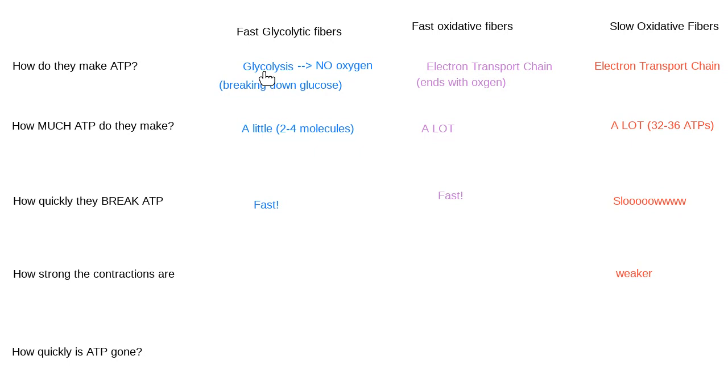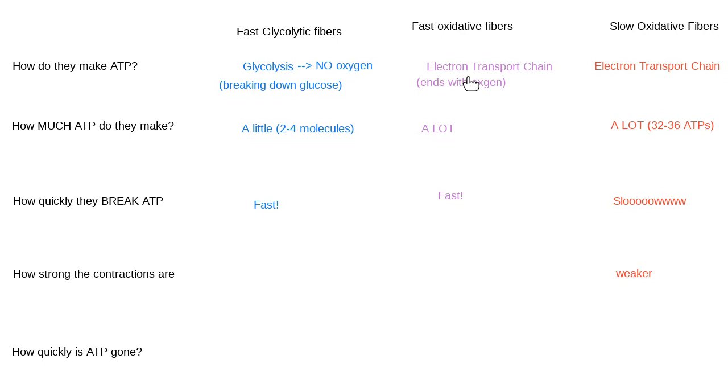Glycolysis, this process, it may only make a little bit of ATP, but it makes that little bit of ATP really fast. Glycolysis happens faster than the electron transport chain because I've got to get the electron transport chain to start. Kind of like starting a car engine. You got to turn it over to get it going.